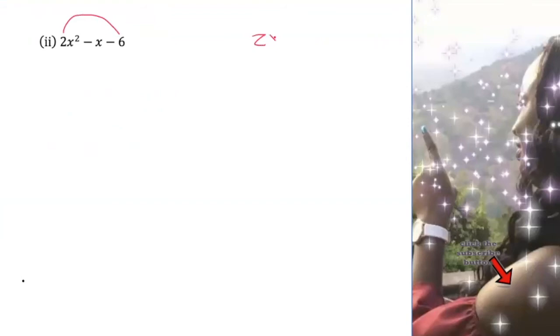So 2 times negative 6 will give me negative 12. So I need to find the factors that multiply to give me negative 12, but add to give me the center. Now, you're seeing minus x is the same thing as negative 1x. So we can rewrite this as negative 1x. So that means add to give me negative 1.